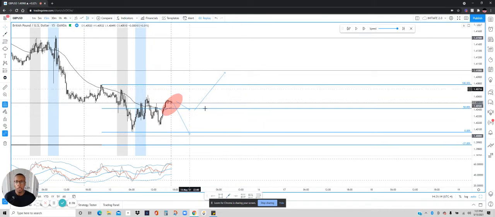This is the bias I was going to go with, because the other is less probable based off the higher lows placed in the previous day's range, plus price trading above the 50% level of the previous day's range.